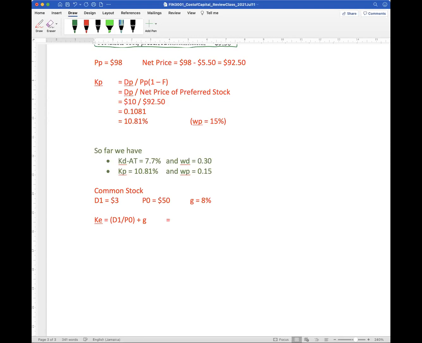So D1, we have that $3 divided by 50, plus the growth rate, which is 8%.